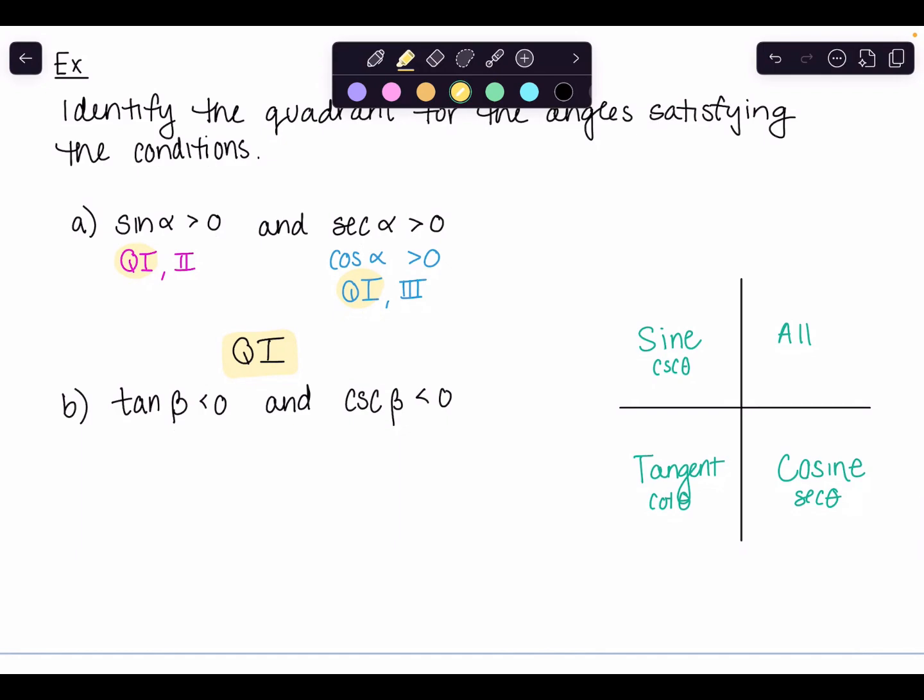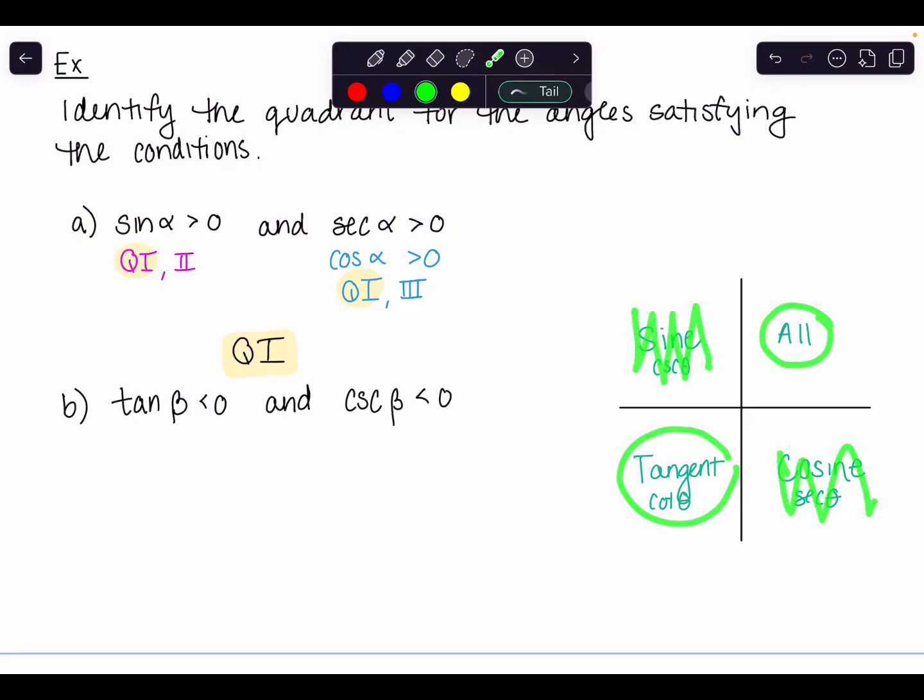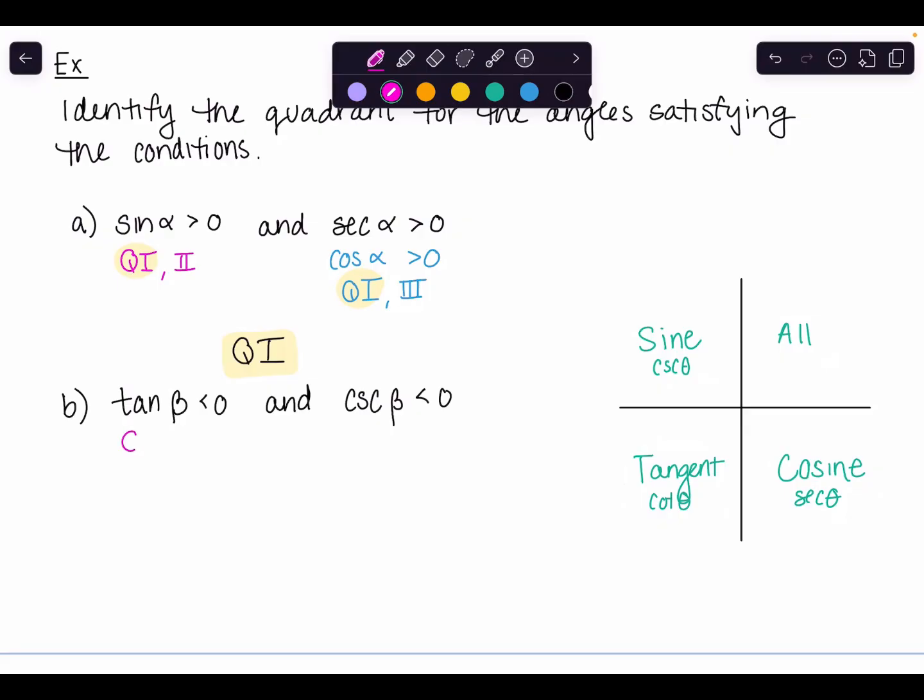If I switch my conditions and I look at where tangent of beta is less than 0, so I need tangent to be negative, here's where tangent's positive. So where it's negative would be quadrant 2 and 4. If cosecant is negative, that's the same thing as saying sine is negative.